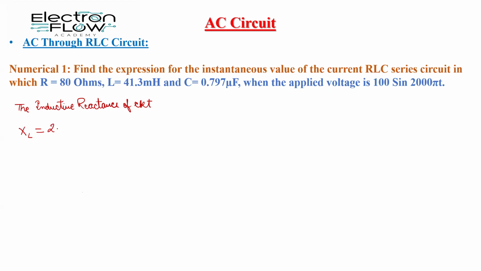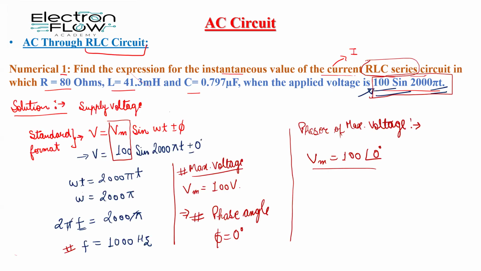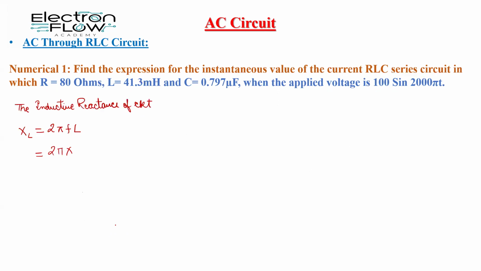The formula for XL is omega L, meaning 2 pi f times L. Putting in the values, 2 pi into 1000 into inductance 41.3 milli, which is 10 raised to power minus 3.